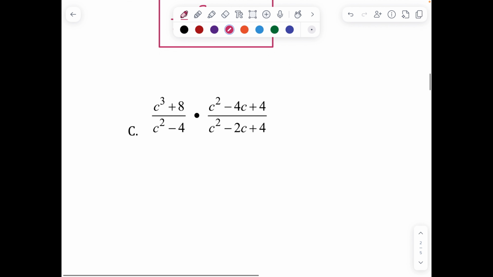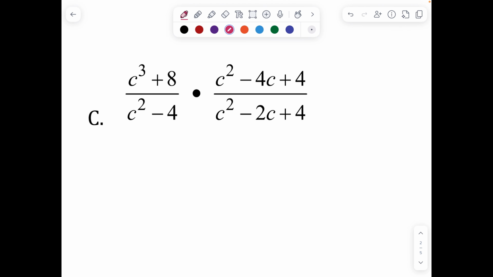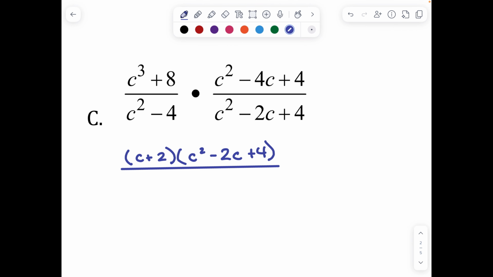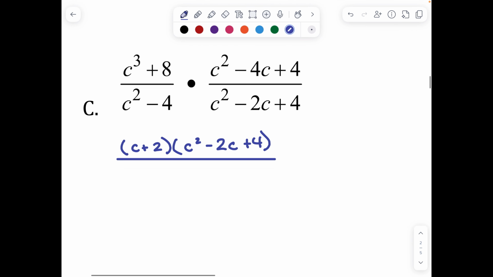Okay. C, we have c to the third plus 8 over c squared minus 4 times c squared minus 4c plus 4 over c squared minus 2c plus 4. So I'm going to go ahead and factor c to the third plus 8. That is just our sum of cubes. So this factors into c plus 2 times c squared minus 2c plus 4 over c squared minus 4 is just the difference of squares.